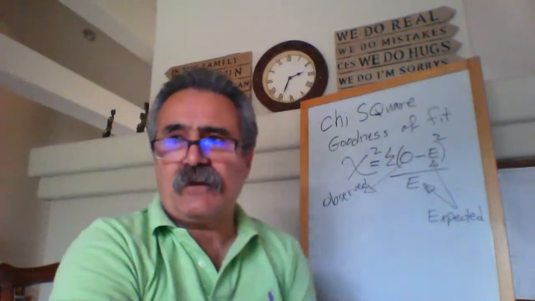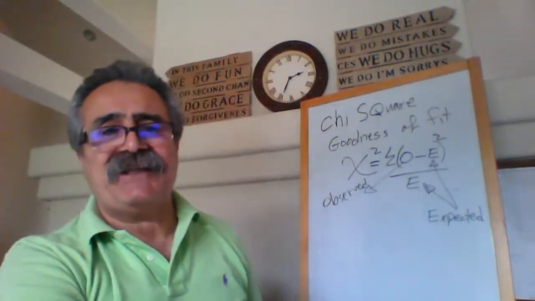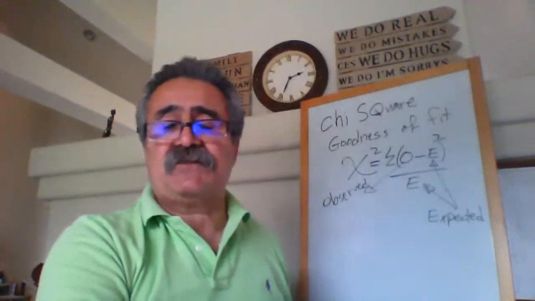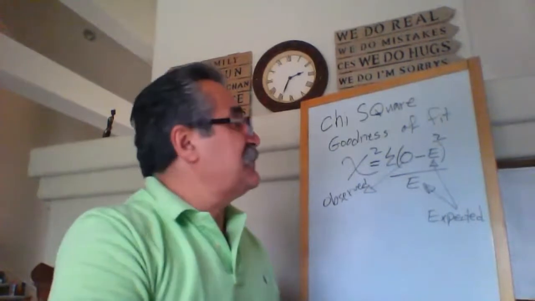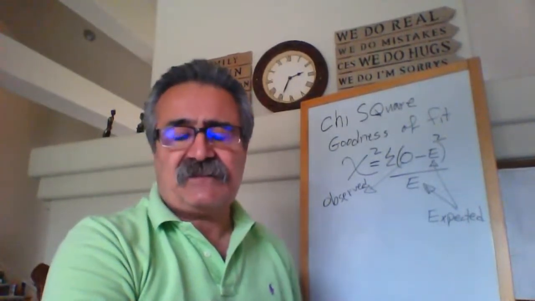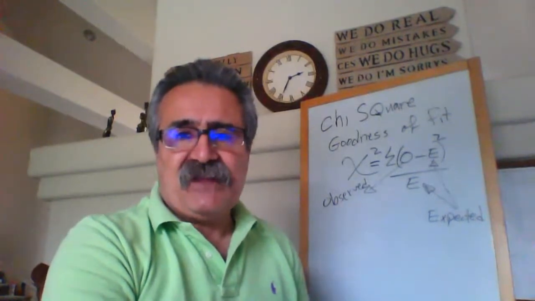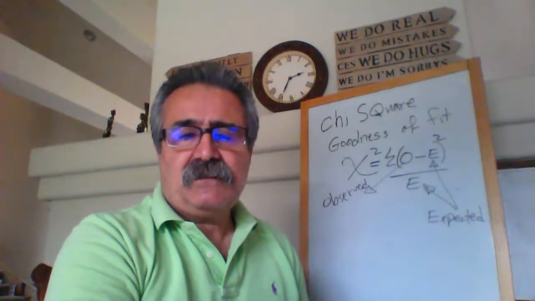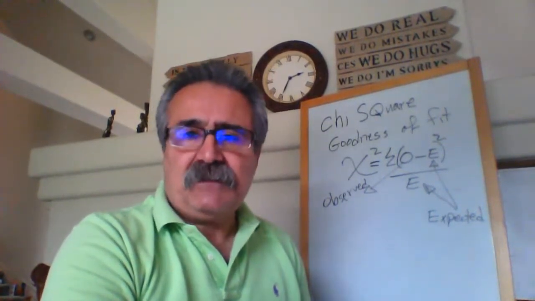And when we are going to do the chi-square testing, again, this process is very similar to hypothesis testing, because the null hypothesis always states that the expected value is what we're supposed to accept.